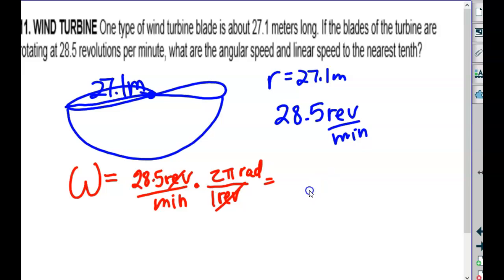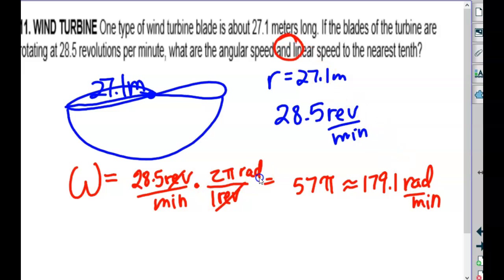So 28.5 times 2 is 57 pi. Or if you type the pi in, it's 179.1. Now it's radians per minute. And it wants the linear speed. To find the linear speed V, anybody remember how we did that? Is there a formula on the blue sheets?